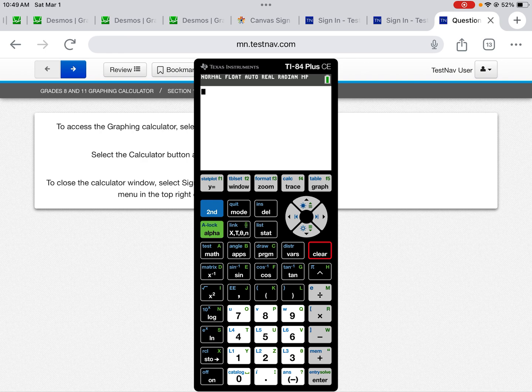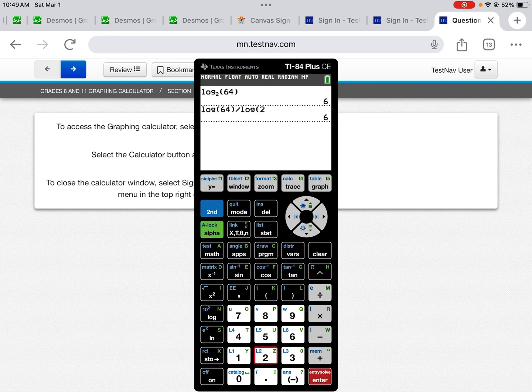If you hit math and you arrow to log base, and you put in 2 and you put in 64, you get 6. The other way is you can just hit the log key and type in 64, and then go divided by, and hit the log key and type in 2 and hit enter, and you get the same thing. That's 2 ways of doing the exact same thing on the graphing calculator.